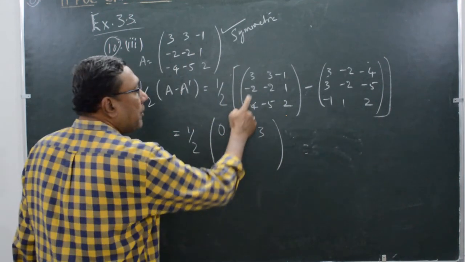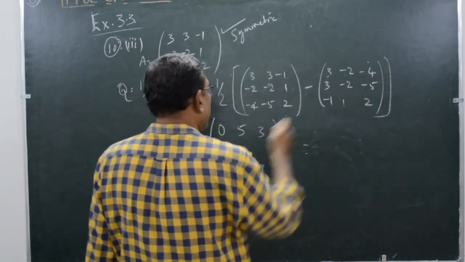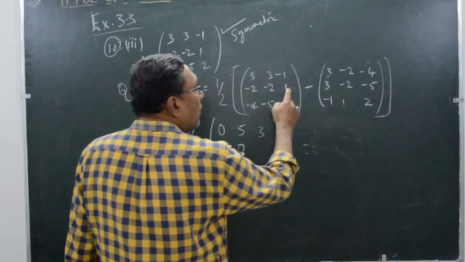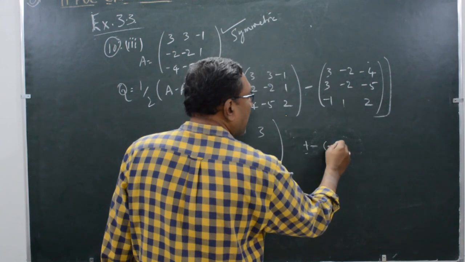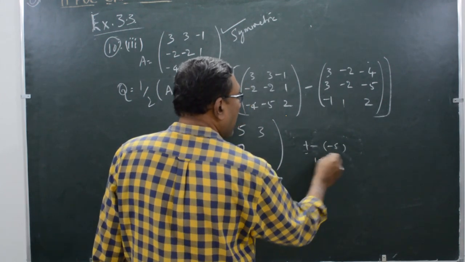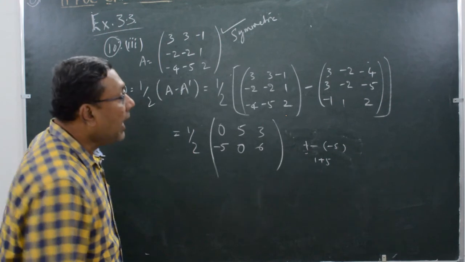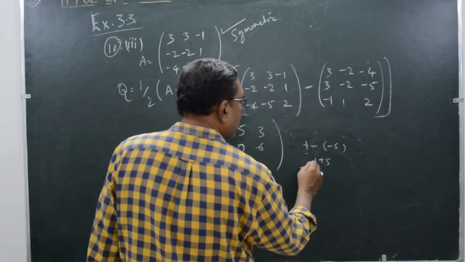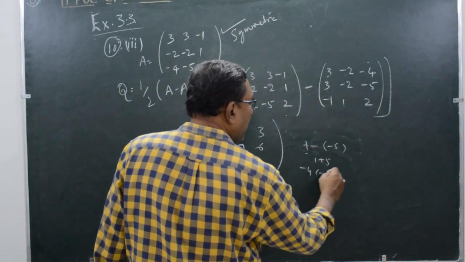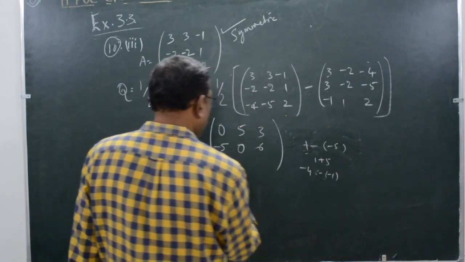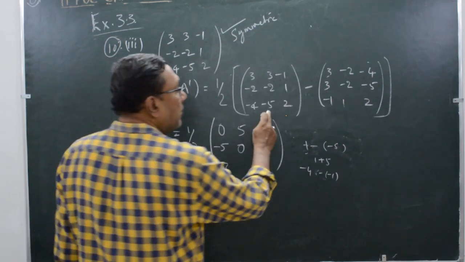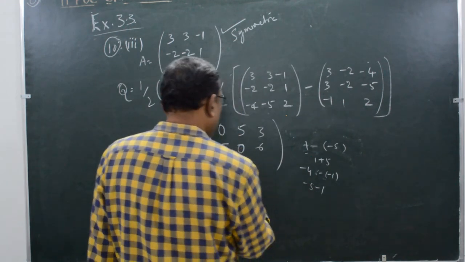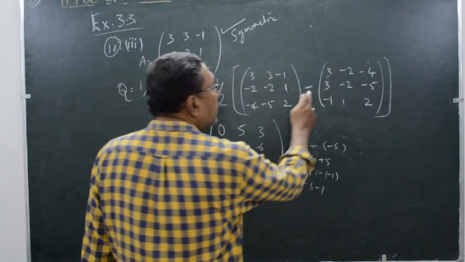And -2 minus 3 is -5, -2 minus -2 is 0, 1 minus -5 will be 1 plus 5, 6. And -4 minus -1 will be plus 1, so -3, right? -5 minus 1 is -6 and 2 minus 2 is 0.